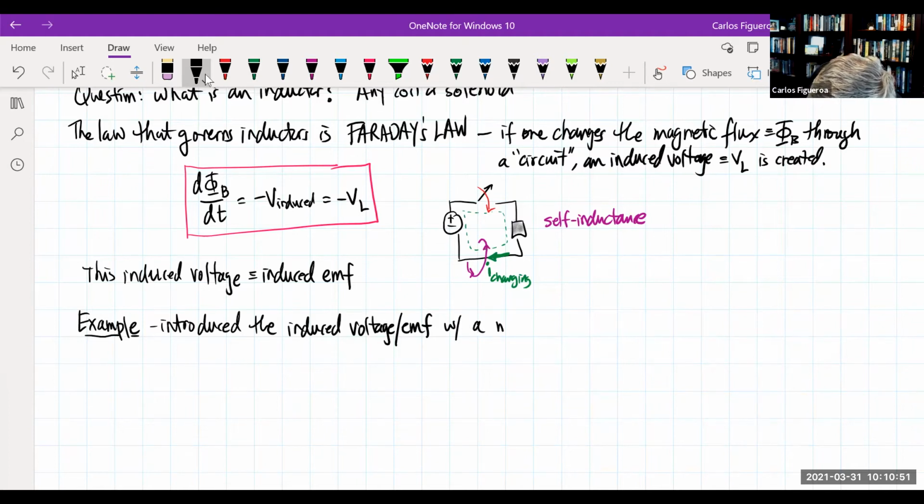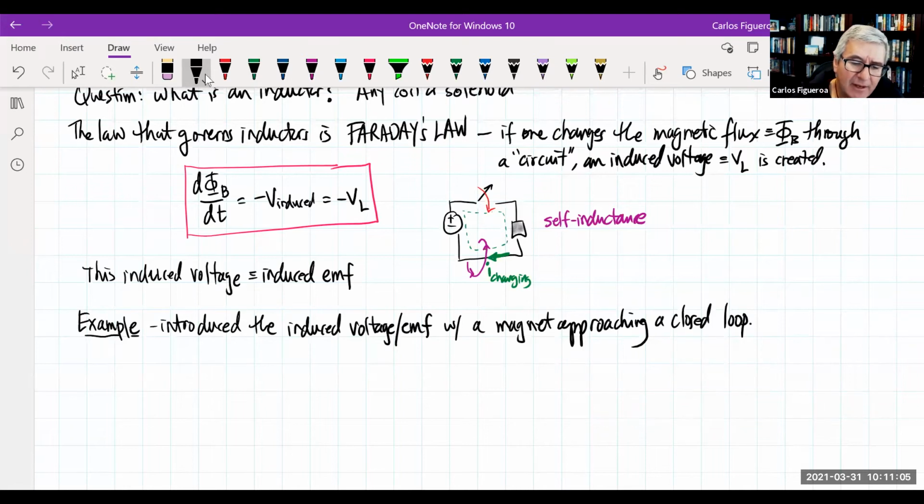With a magnet approaching a closed loop. So I imagine that I have a closed loop. Imagine that this is my closed loop right here.